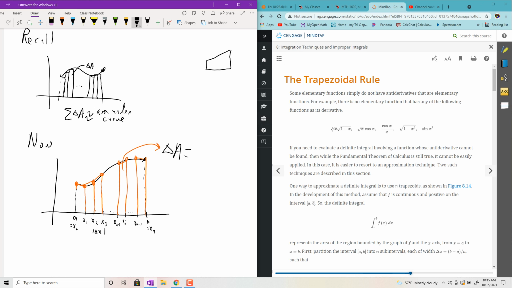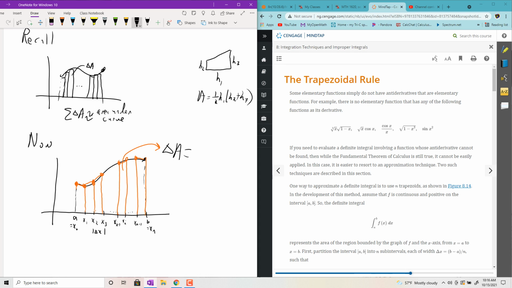The base we'll say is H, and let's call this guy on the left H1 and call this H2 and call this H3. Okay? So the area of that thing is going to be 1/2 times H1 times H2 plus H3.